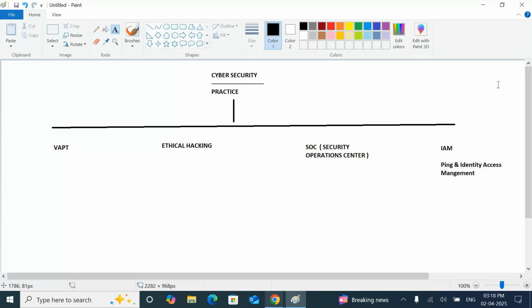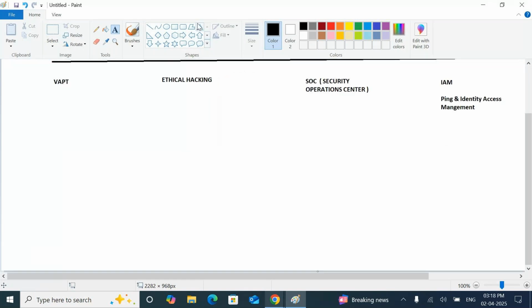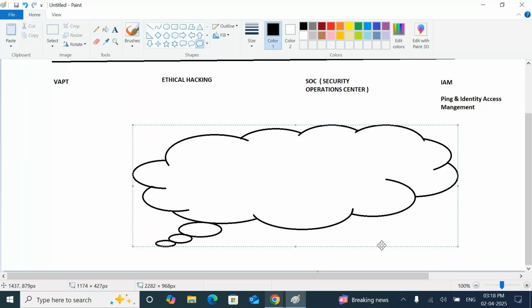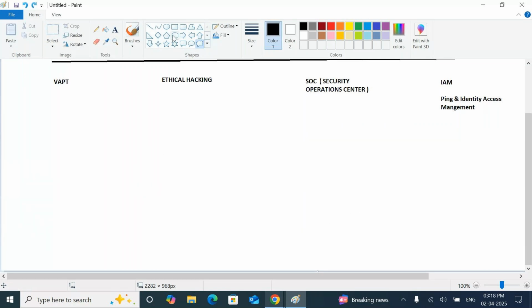Let's say, for example, this is your network. Just consider this as one corporate network.